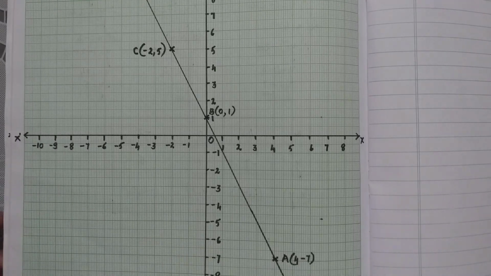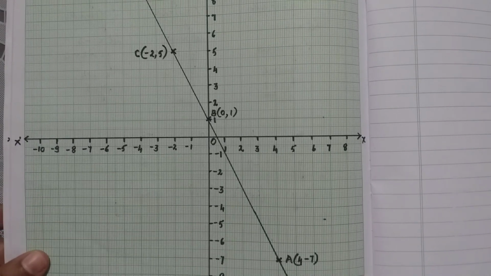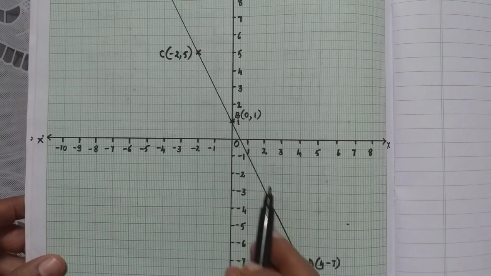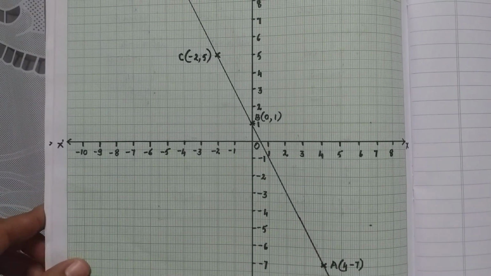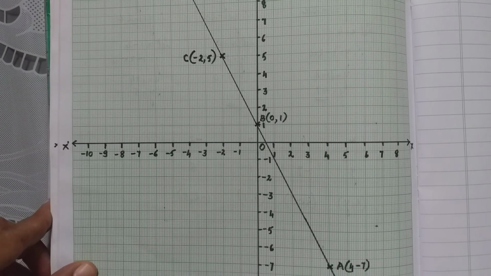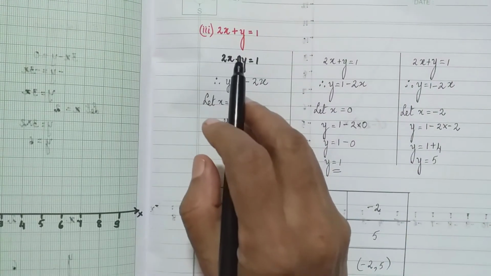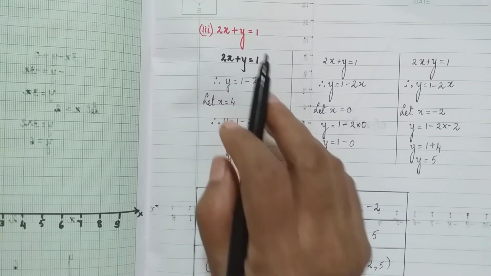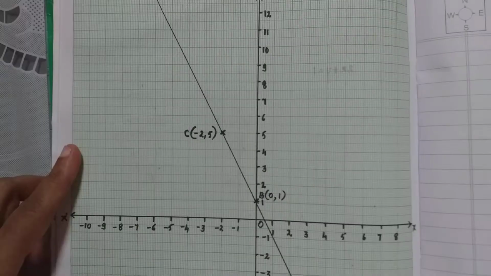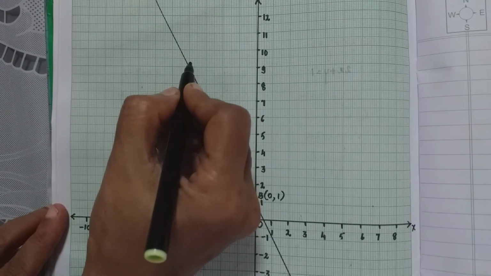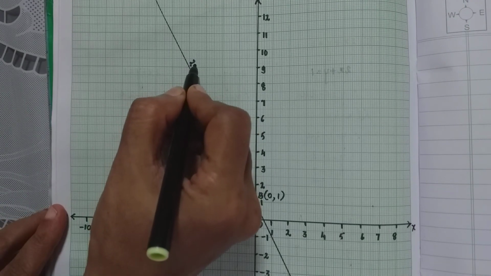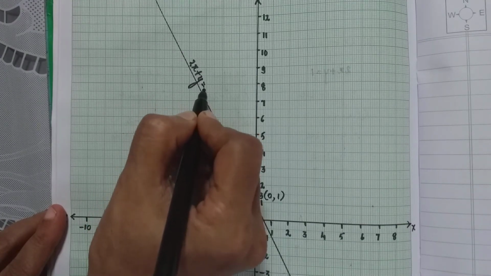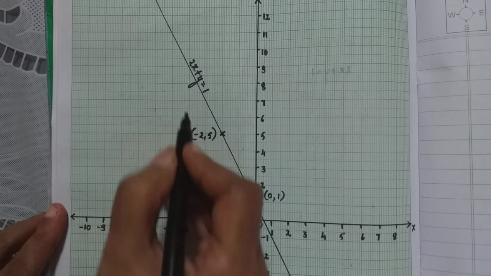What is the next last step after drawing the line? We have to write the equation of the line against it. The equation of the line is 2x plus y equal to 1. So now I write the equation of the line against this, 2x plus y is equal to 1.